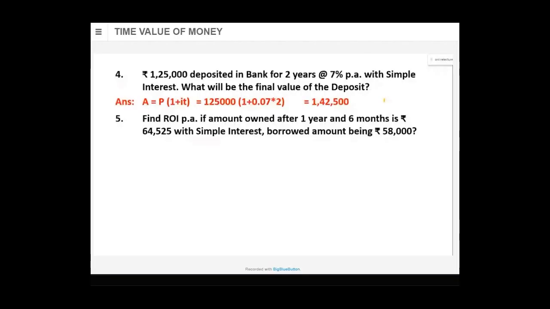Capital I formula. I is equal to P, small i, small t. Use that formula. I'm waiting for your answer. This time you may have to use pen, pencil. Use it. Don't copy somebody's answer. Try and solve it. Important chapter going on.